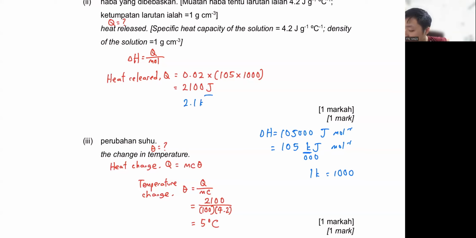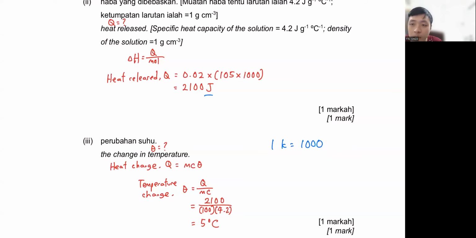Instead of 2.1 kilojoules, I got 2100 joules. It's important because for the third one, you want to find the temperature change. If not, it will affect your answer. Basically, the conclusion is 1 kilo equals 1000. Normally you see like 2K, people earn 2K, 3K, means 3000.